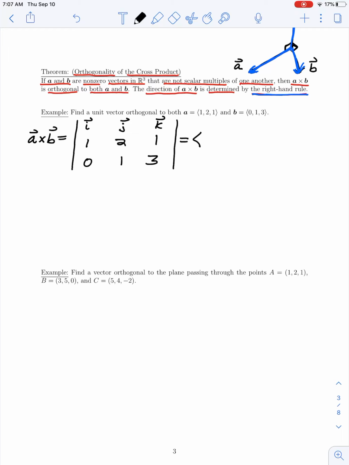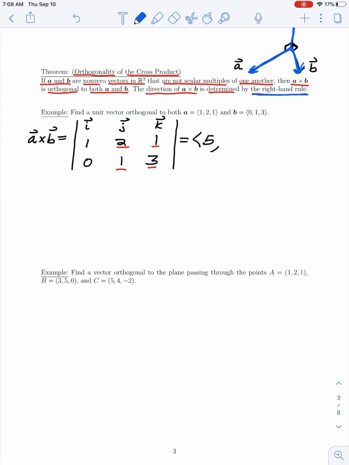So taking this determinant for our cross product, the i component will be the product 2 times 3 minus 1 times 1. So 6 minus 1 gives us an i component of 5.